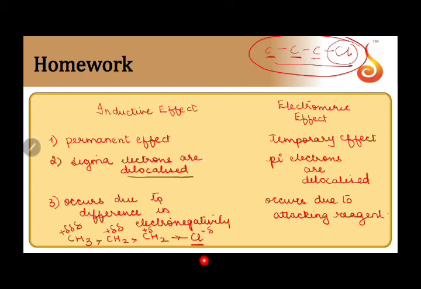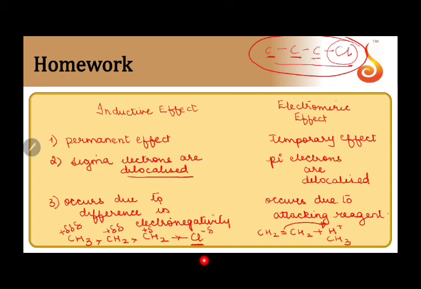Electromeric effect, if we take the ethene molecule, because ethene is rich in electrons, an electrophile attacks ethene. Say for example H+. The pi electrons get delocalized, they move and they try to form a bond with this H+, giving us CH3.